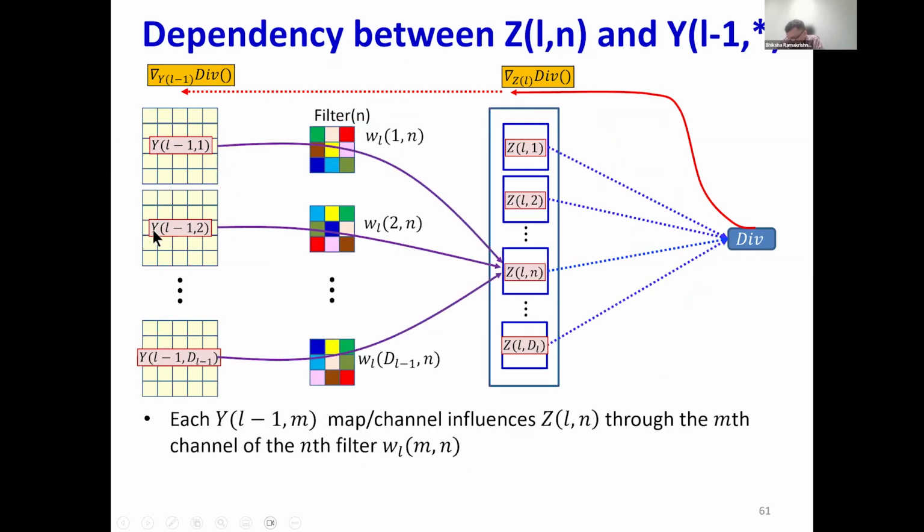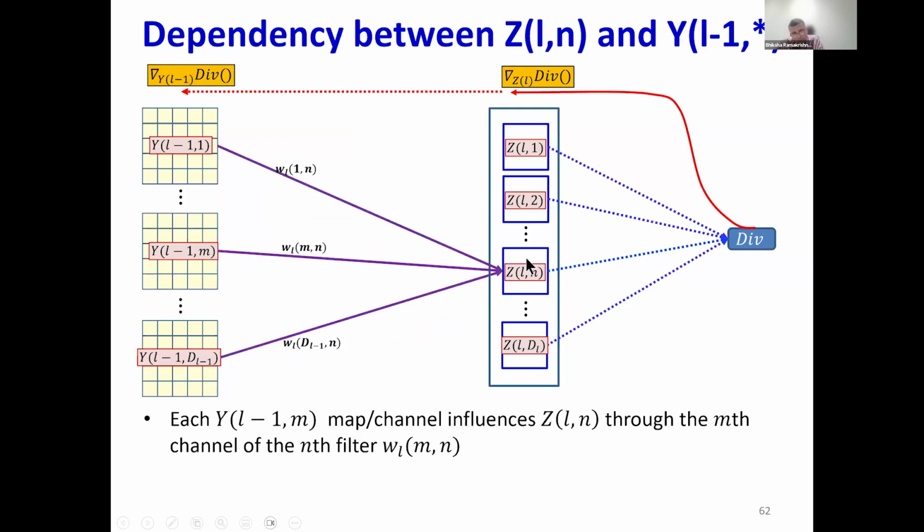Now remember that every channel of the previous layer was used because the filter has as many channels as the input channels, right? So every channel of the previous layer was used in the computation of any given affine map.